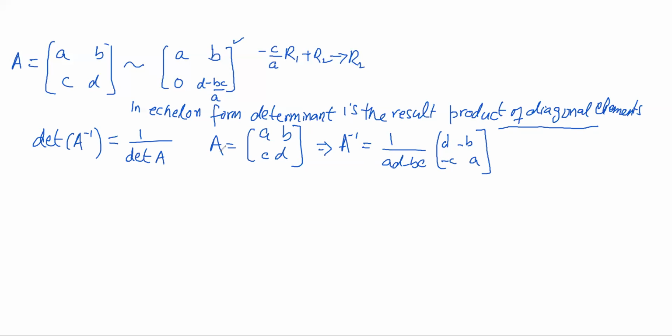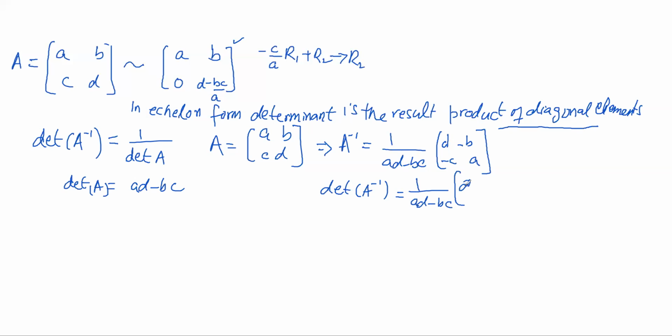Now we know that the determinant of A is AD minus BC. If you want to find the determinant of A inverse, what will that be? This is a scalar, 1 over AD minus BC. So what is its determinant?